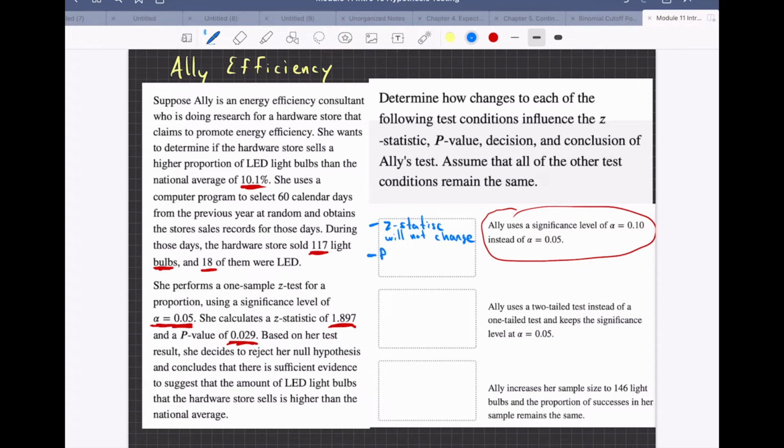P-value will not change, will be the same. What about the decision? The p-value has to be less than alpha, but now alpha is 0.10, and 0.029 is less, so the decision will change. Decision will change. And conclusion will change, of course.